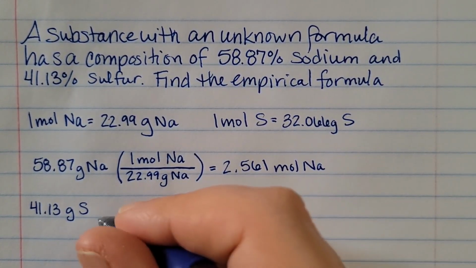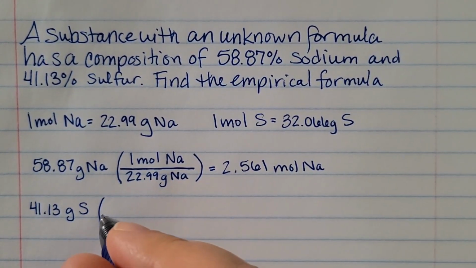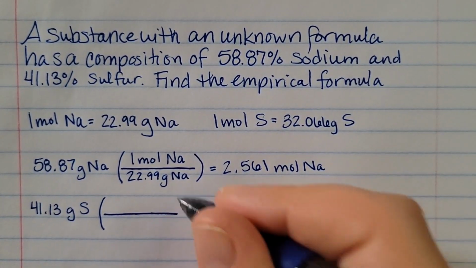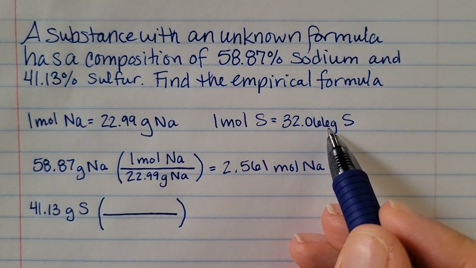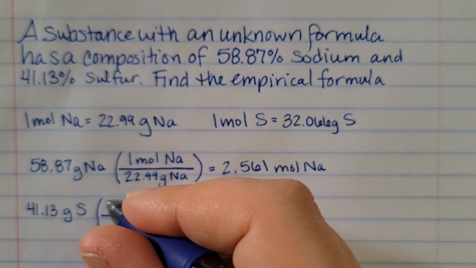Let's do the same thing for this one. 41.13 grams of sulfur. We're going to convert that by using the ratio from the periodic table. 1 mole of sulfur per every 32.066 grams of sulfur.